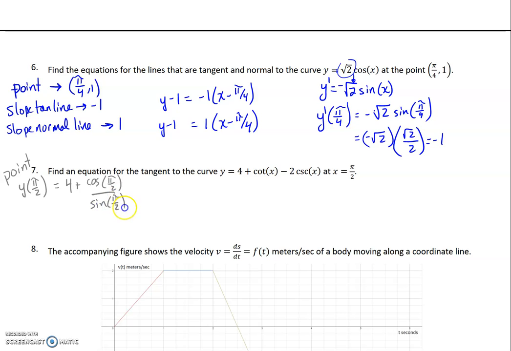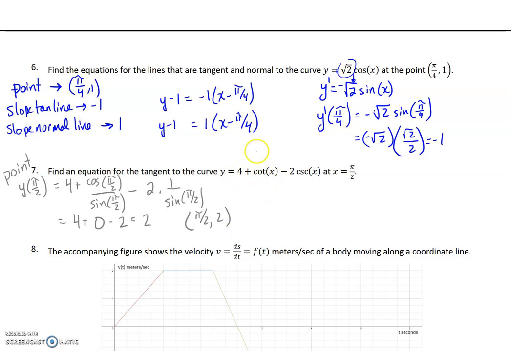Cotan is cosine over sine. Then I'm going to write cosecant as 1 over the sine of pi over 2. So this cosine of pi over 2 over sine of pi over 2 is just going to yield 0. And the sine of pi over 2 is just 1. So that whole piece is just 2. So my point here is the point pi over 2, comma 2.